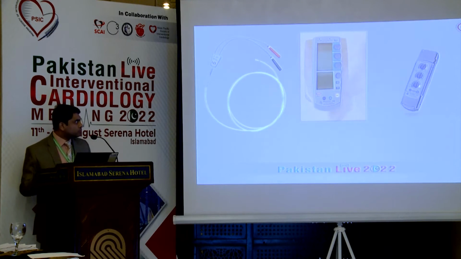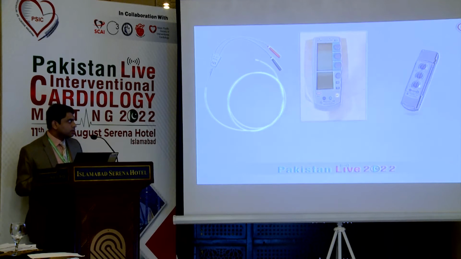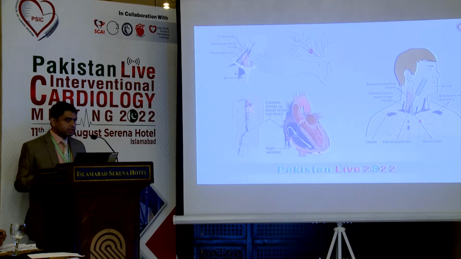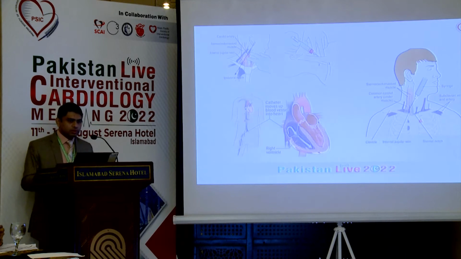You must all be familiar with the instrument. This is the temporary pacemaker with leads. Dual temporary pacemaker and single type temporary pacemaker are available in our setup and in most setups.